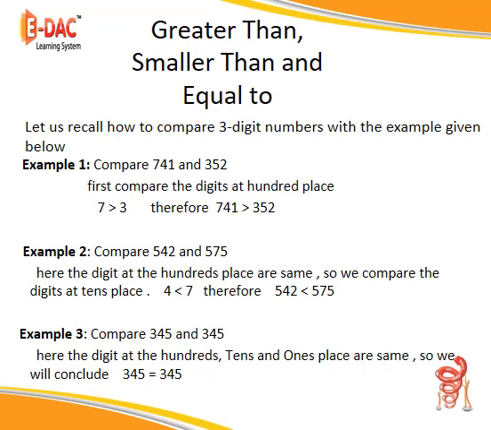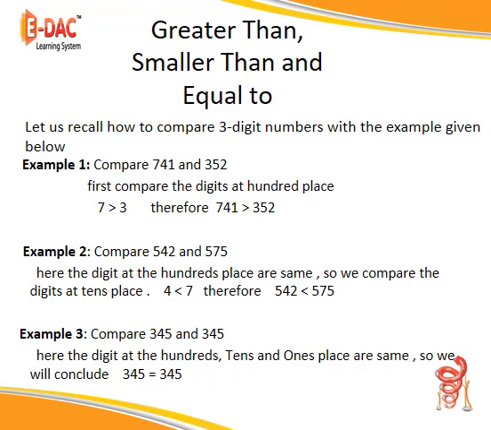In one number the hundreds place has 7 and in the other number the hundreds place has 3. So 7 is greater than 3. Now we can conclude that 741 is greater than 352.